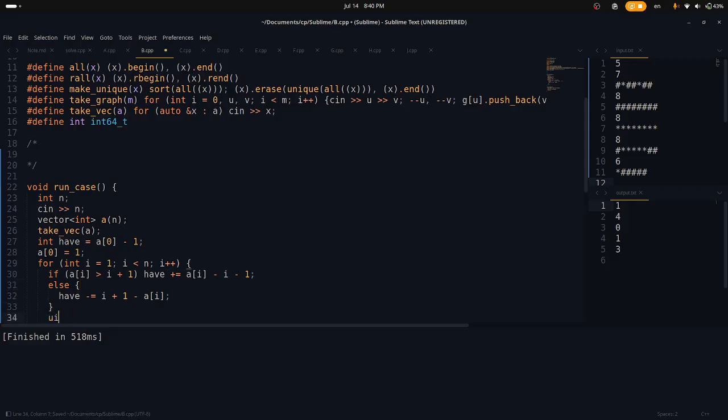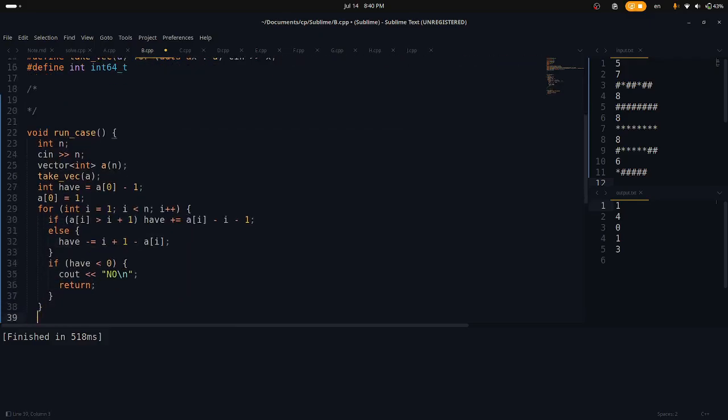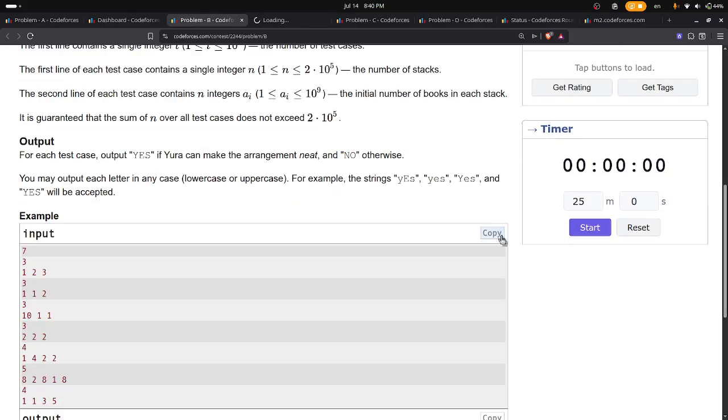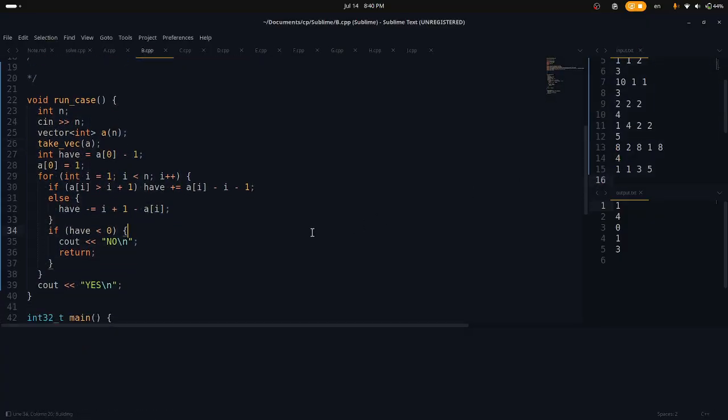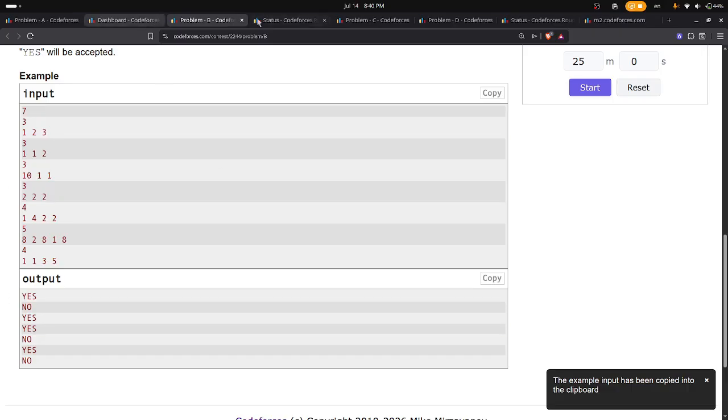If at any point our half becomes less than 0, then it's never possible. I will return no, otherwise it's yes. So yes, no, yes, yes, no, yes. I think it's correct.